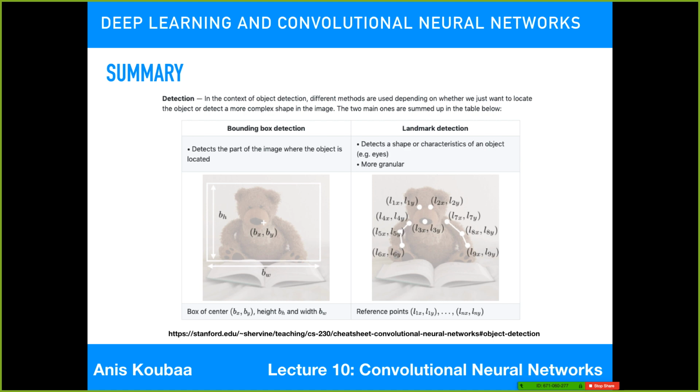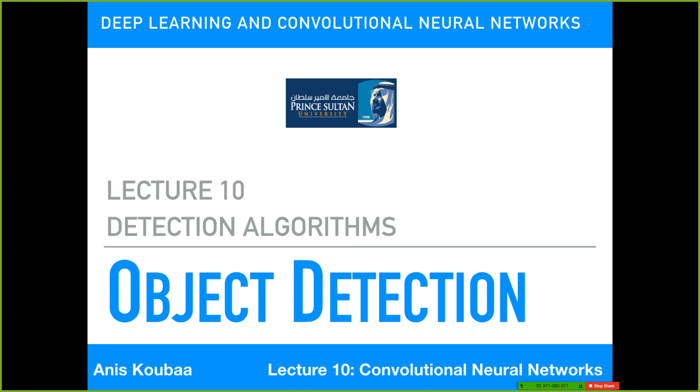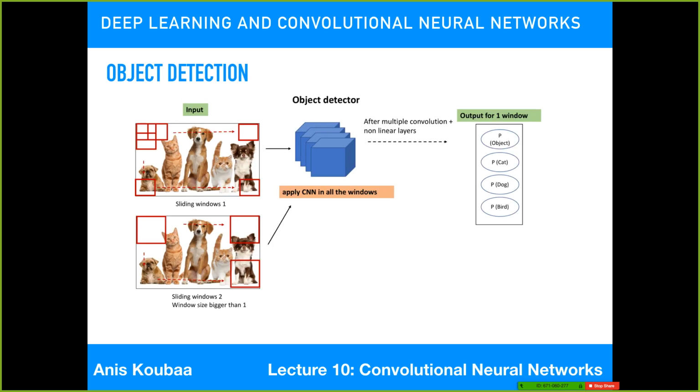Okay, so now we have talked about object classification, and the next is object detection. What is the difference between object detection and object classification and localization? Here, we are going to detect multiple objects. The overall idea is that we take several windows of the image, and for every window we apply a convolutional neural network.